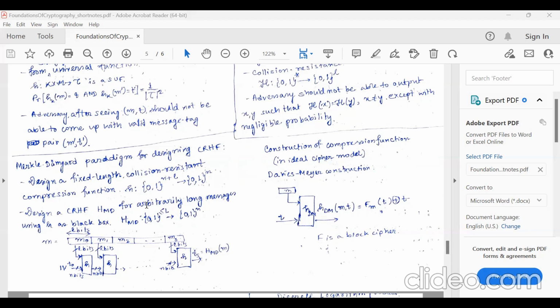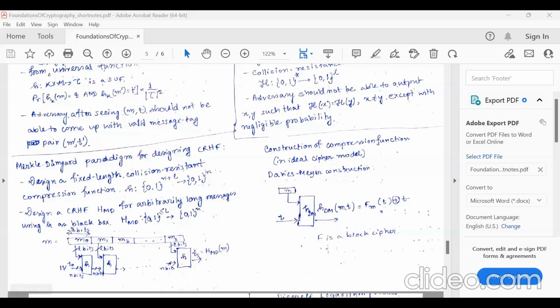That is called the Merkle-Damgard paradigm for designing a collision resistant hash function, and it works as follows. You repetitively apply this collision resistant compression function h sequentially. You divide your arbitrary length message into several blocks, each of length l bits, because your compression function takes as input a total of n plus l bits, or you can see it as two inputs, one of length n and another of length l.